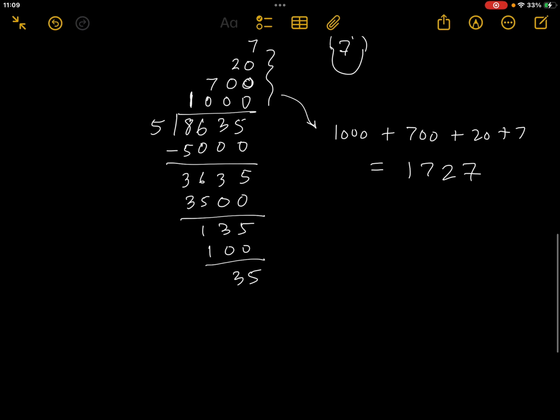So that explains why the division algorithm works.